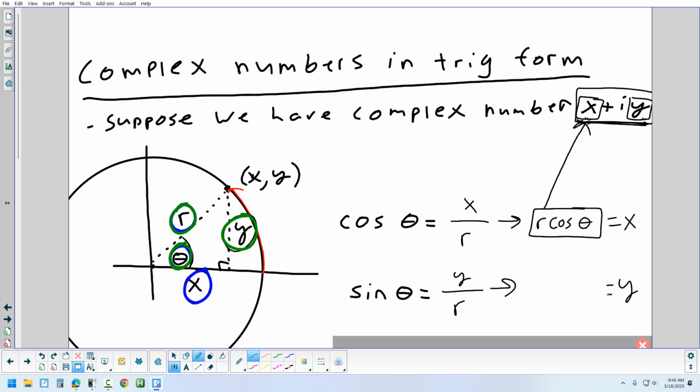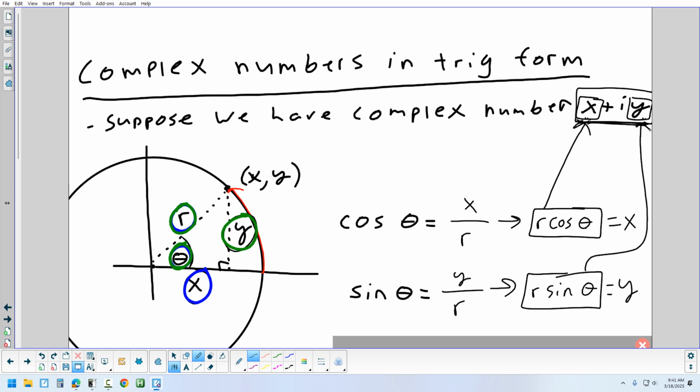Get y by itself, and based on that formula, what would y equal? Yep, R sine theta. So when you write something in trig form, the two letters that you use are R and theta. You use a radius and you use an angle. If you don't want to call them R and theta, fine, but you need to use a radius and an angle, whatever you call them, not an x and a y.